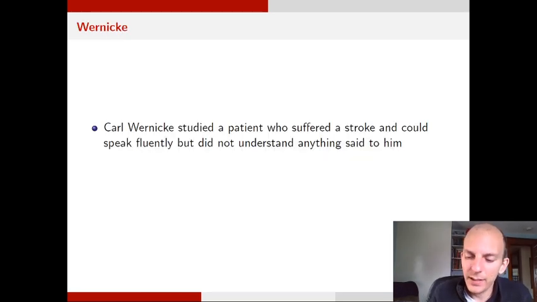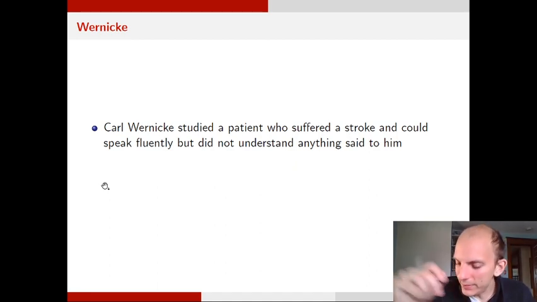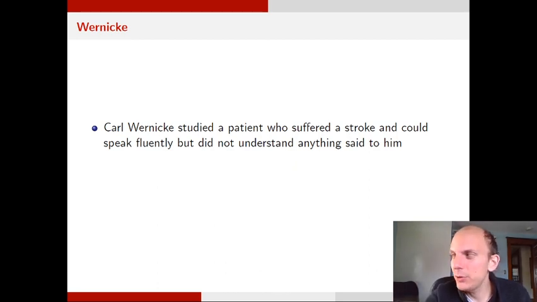Another scientist who did similar things, Carl Wernicke, studied a patient who suffered a stroke. This patient exhibited different linguistic difficulties than Broca's patient. This patient could speak fluently, producing language very fluently, but would not understand language, right?